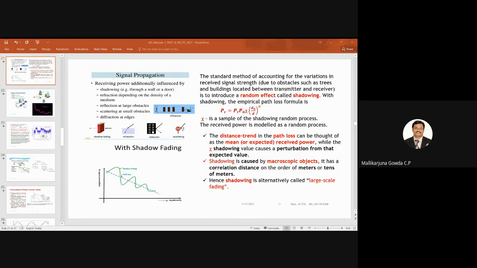Is it possible for any one of you to say what path loss occurs due to? Yes, the path loss happens due to what, I'm asking. Ashwin Kumar, can I expect you to say something about path loss?